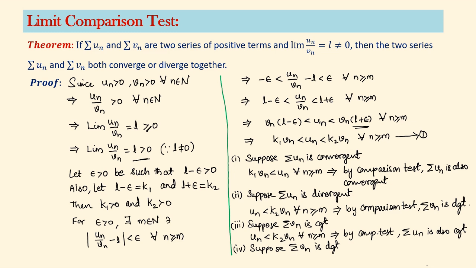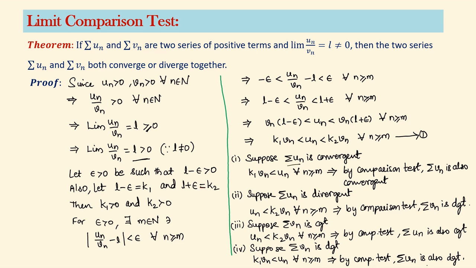So let us consider these two: K1 Vn less than Un for all n greater than or equal to m. That implies by the comparison test that summation Un is also divergent.